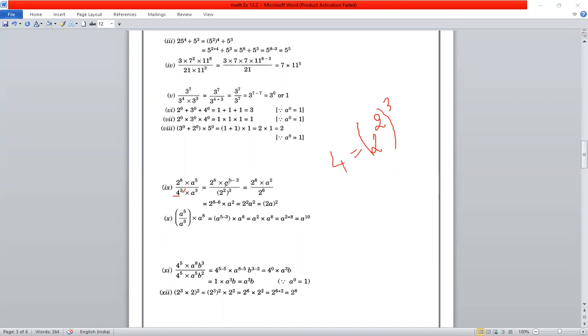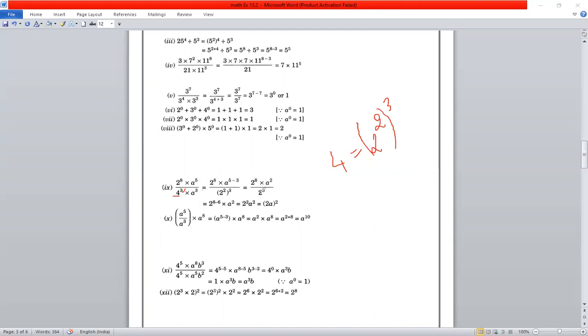2 to the power 8 into a to the power 5, these two are having the same base. When we have the same base in the division form, subtract the powers, correct. So 2 to the power 8 as it is, a to the power 5 minus 3 is 2, divided by 2 to the power, power to the power means we have to multiply, so 2 to the 6.